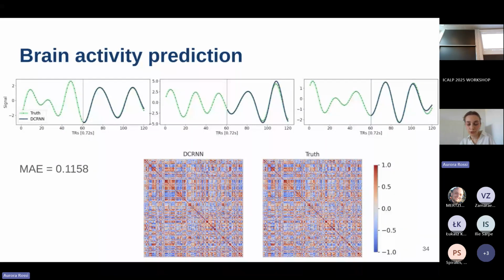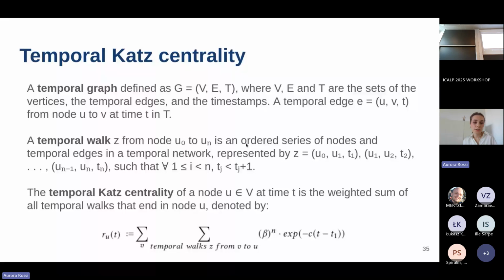And these 2 heat maps are a way to represent the brain activity across time of all the brain regions. And you can see that the ground truth and the model, the 2 matrices, are very similar. The next example is the temporal cut centrality.